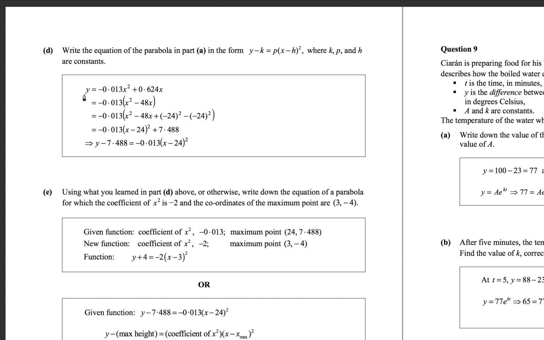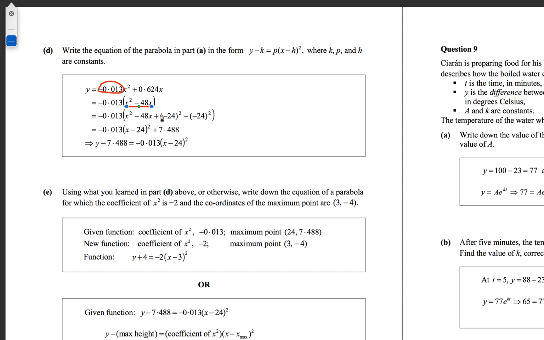First of all, this is your function, so write that out first. Now, the next step is to divide by the x squared term, to take that outside the brackets. So we've taken it outside the brackets, and now it's here. Now we work with what's inside the brackets.